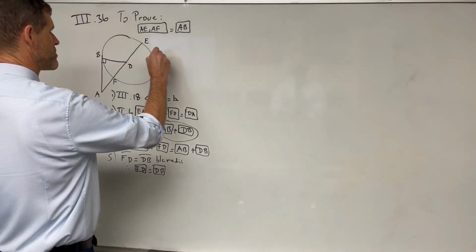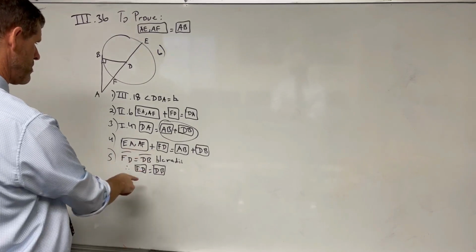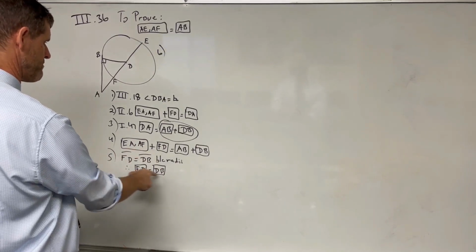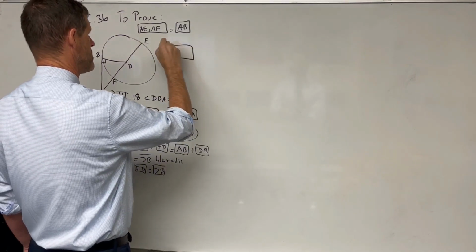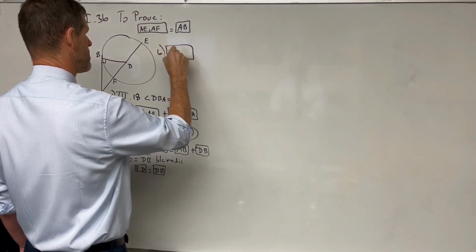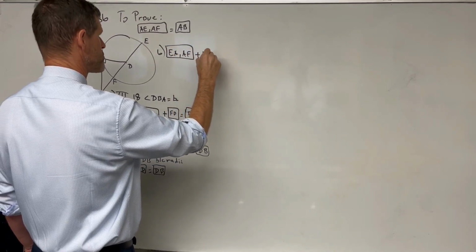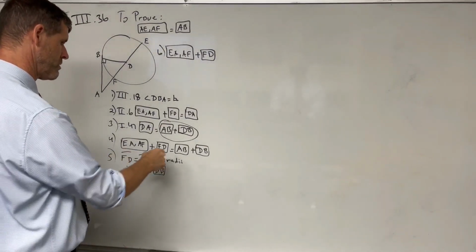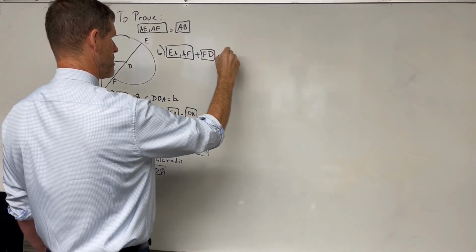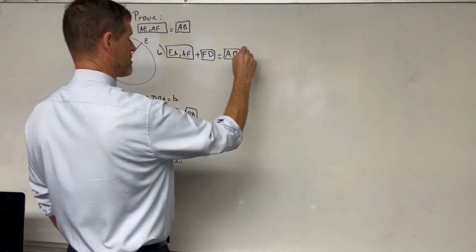So I can rewrite step 4 and substitute in FD for DB. Now we'll have the rectangle EA, AF, plus the square on FD, equaling the square on AB plus the square on FD.